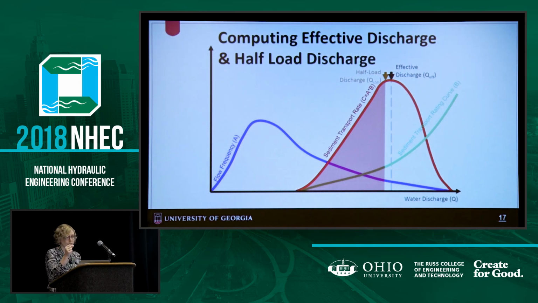The effective discharge is the peak value up at the top there. This curve is a little bit skewed. So if you were to cut it in half with equal weight, this is the half-load discharge. That's just a little bit off to the left. That's your QS50. Both of these are in the range of bankfull. We're talking about your 1 to 2 year kind of flows here.